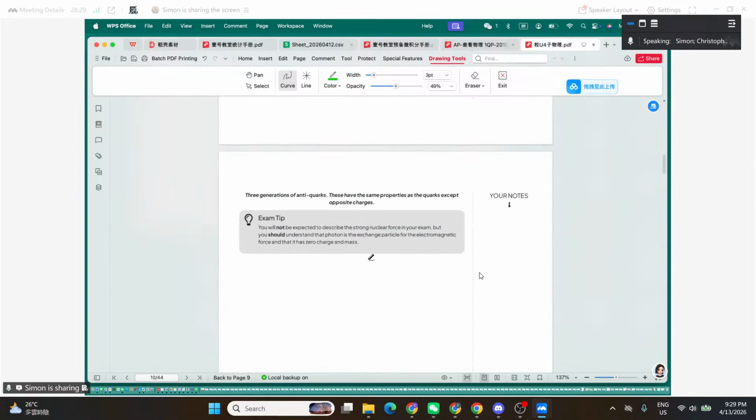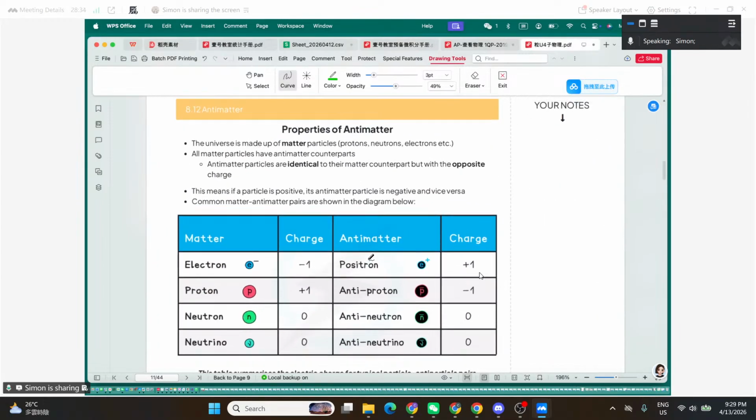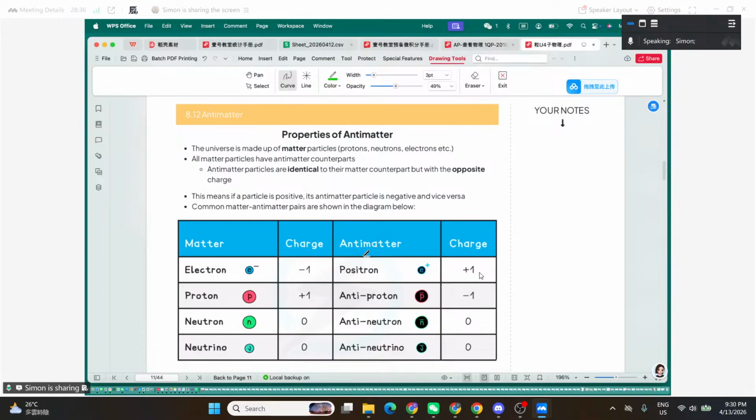Okay, and look at this one. In this one we are going to learn the antimatter. First, the antimatter. The universe we know is made up of matter particles, like the proton, the neutron, or the electron, and so on, and all matter particles have a corresponding antimatter counterpart.